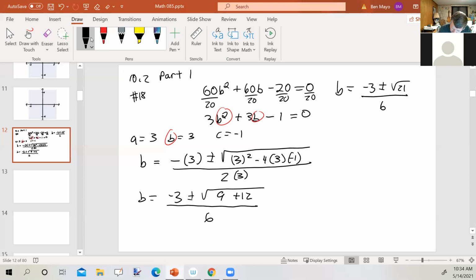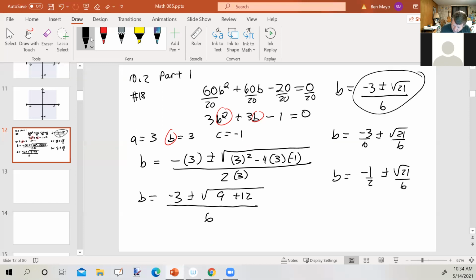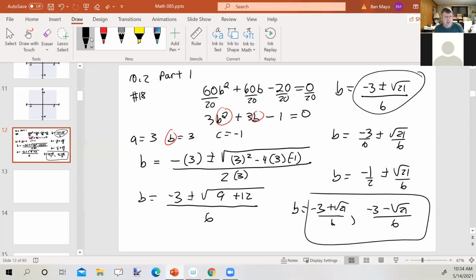And we could split that up and get -3/6 plus or minus the square root of 21 over 6, which would give us -1/2 plus or minus the square root of 21 over 6. Okay. You also should be able to just leave the two answers like this, except that you'd need to write them separately. So you'd say -3 plus the square root of 21 over 6, comma, -3 minus the square root of 21 over 6. Okay. Again, I'd ask you to separate the two solutions with a comma.